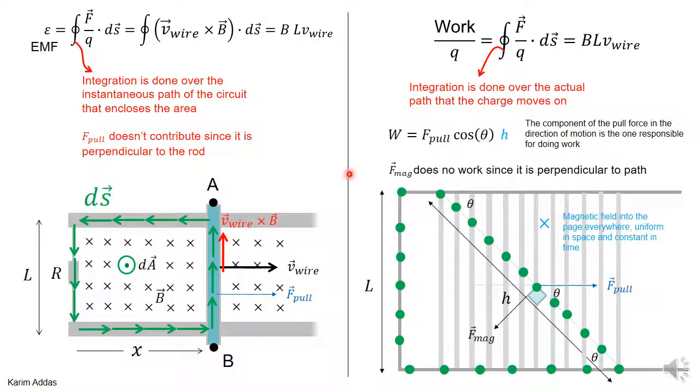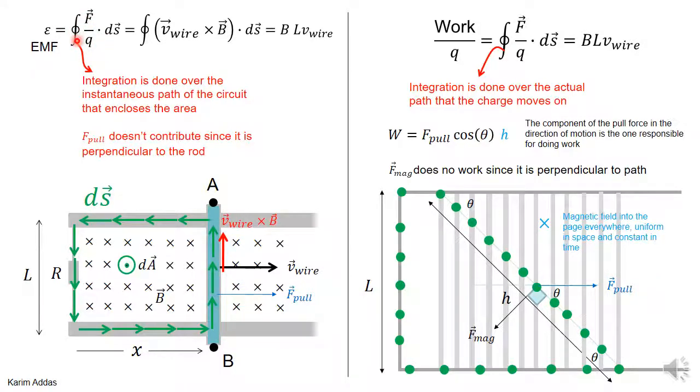So to summarize, and this is important to illustrate the difference between the EMF and the work per unit charge. Although it turned out that they are equal, they are very different things. Even though the formula looks exactly the same, the integration of F dot ds over q, the question is what's the path that you're integrating over?